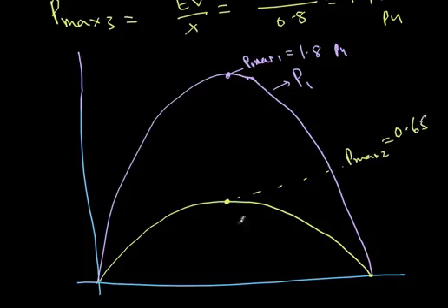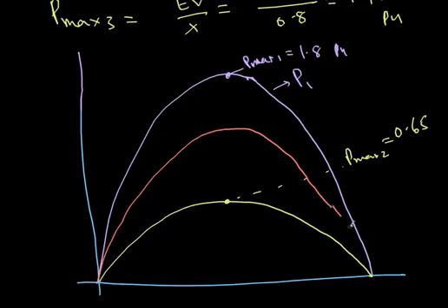And then the third curve that we calculated, this is after the fault is cleared, this point, that is Pmax3, we just calculated 1.46.